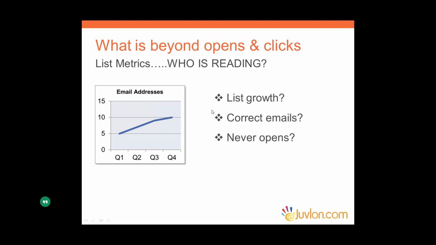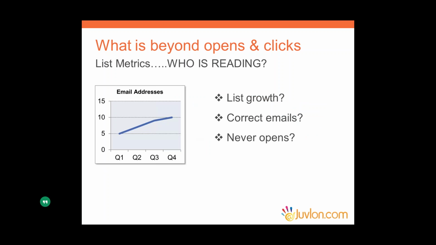The next metrics are list metrics. Has your list of subscribers grown over the last few quarters? Are these email addresses correct? Have we scrubbed them for hard bounces? How many readers in your list have never opened your emails in the last year?